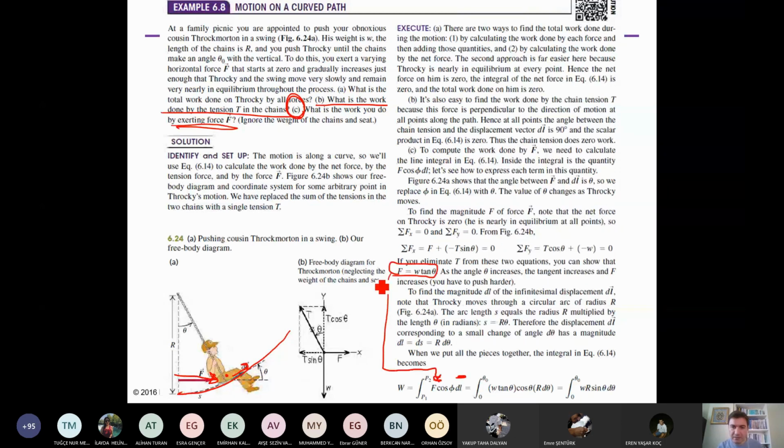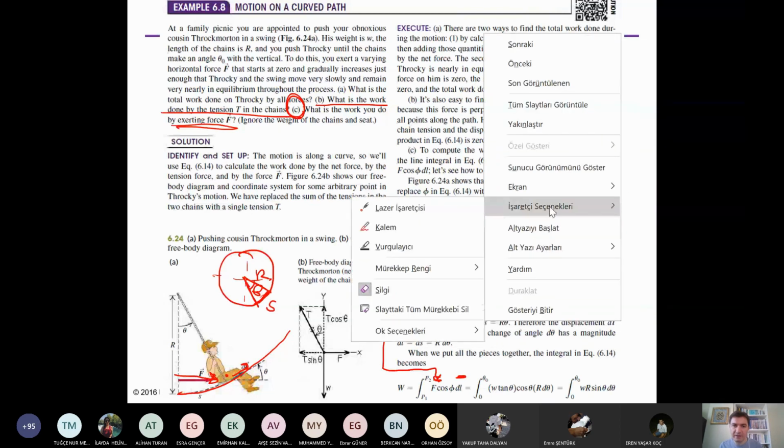Okay, it is the arc length S. Just consider that here you have a circle, and here you have S. This S is given with this expression. I mean displacement along a curved path, let's say, okay?